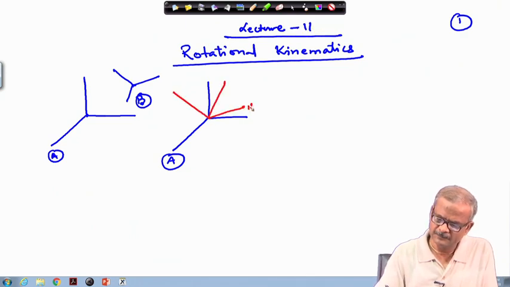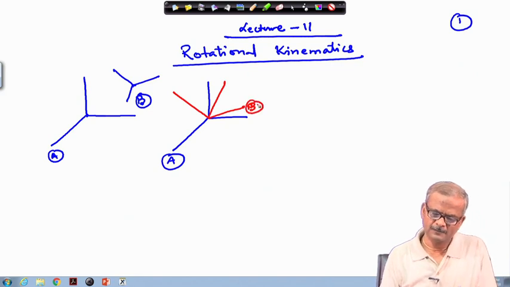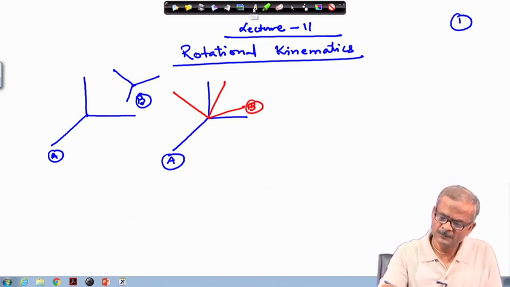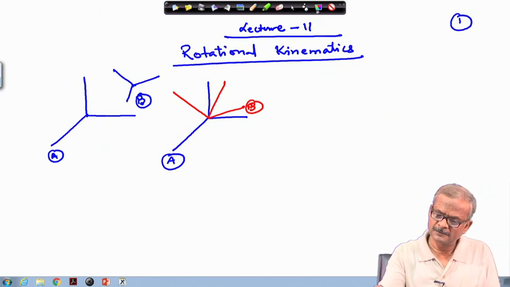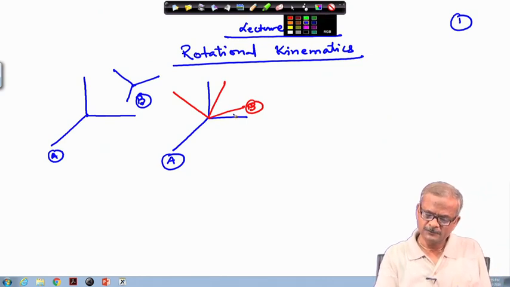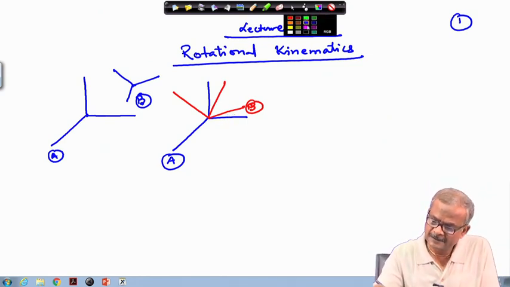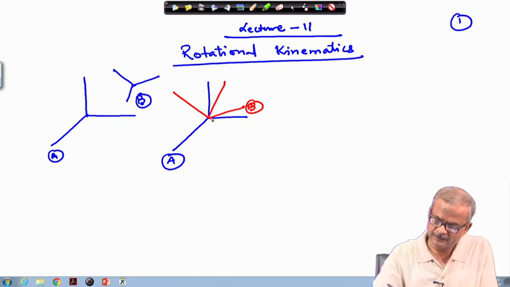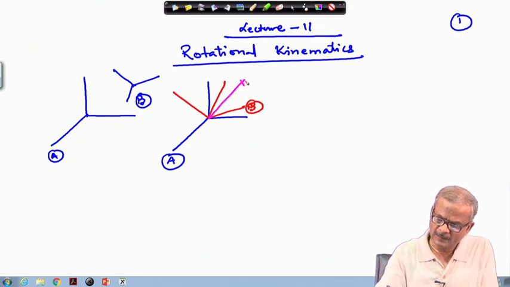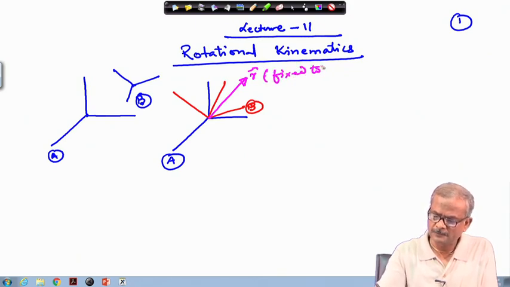So, the A frame has rotated to the B position, and let us say that we have a vector r which is fixed to the A frame.